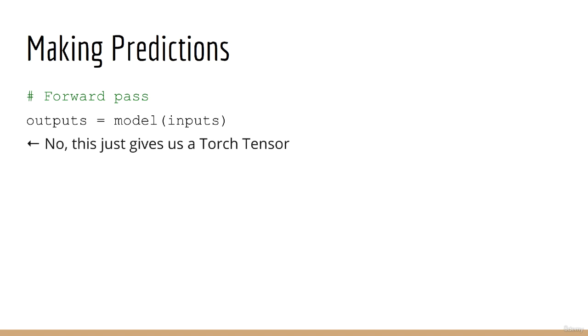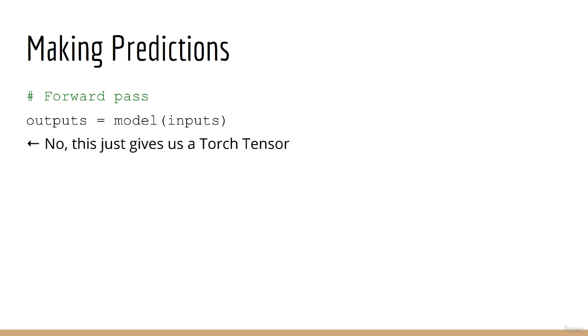The final step is to make predictions. You might think we already did that in the training loop when we called model of inputs. But the important thing to remember is that PyTorch only works with torch tensors, and the inputs variable is a torch tensor. It's reasonable to assume then that the output is also a torch tensor. Of course, if you want to do any later processing, such as plotting the array with matplotlib, you might want to have a NumPy array rather than a torch tensor.